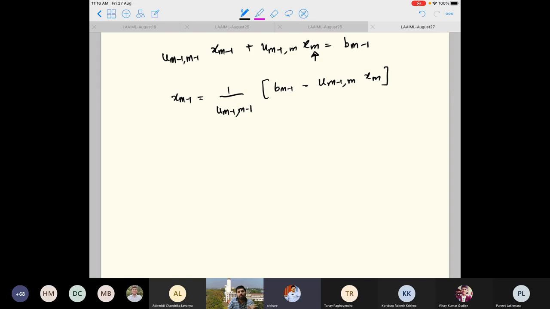And now you see what is going to happen. I'll look at the m minus 2th equation. It will involve only x(m-2), x(m-1) and xm, out of which x(m-1) and xm are already known to you, and you will only look at x(m-2). So you'll get a similar equation like this, and you can continue all the way up to the first equation.